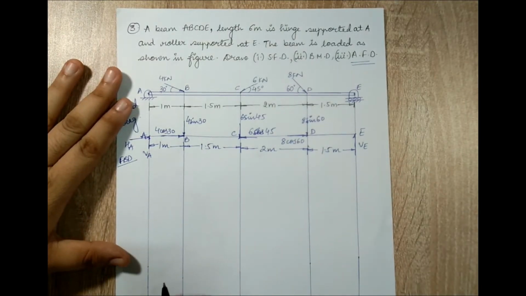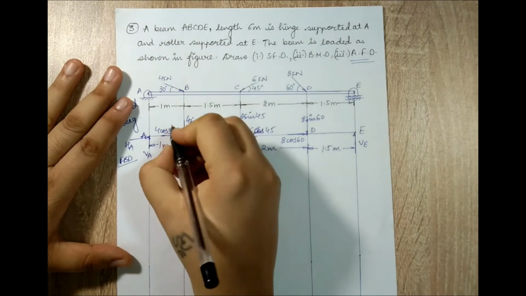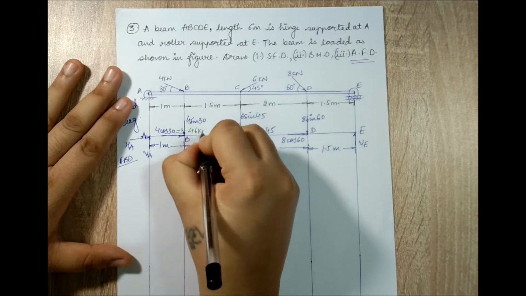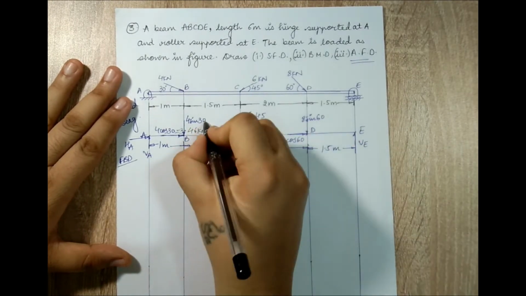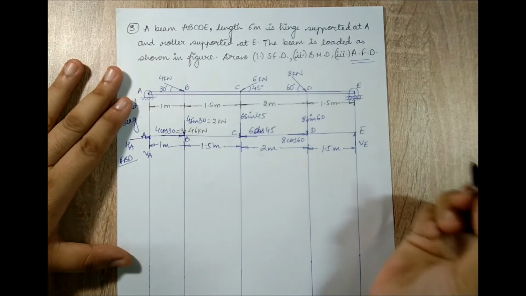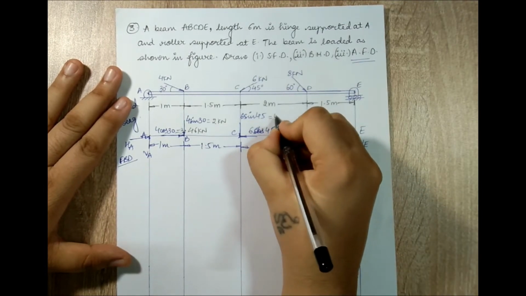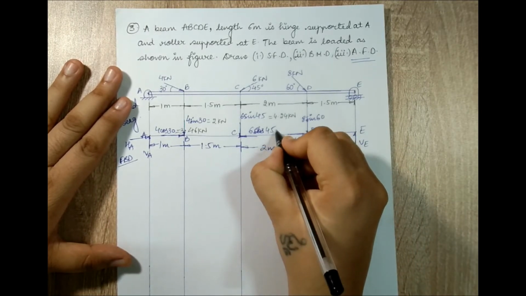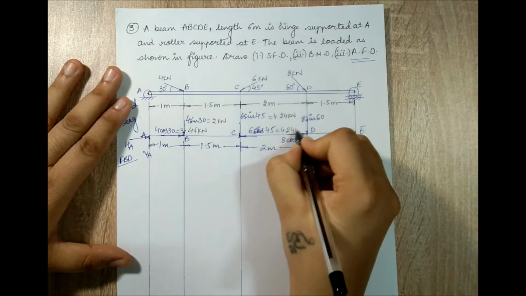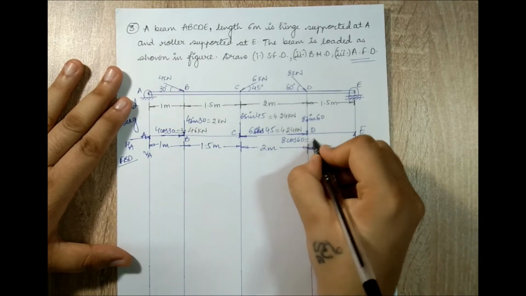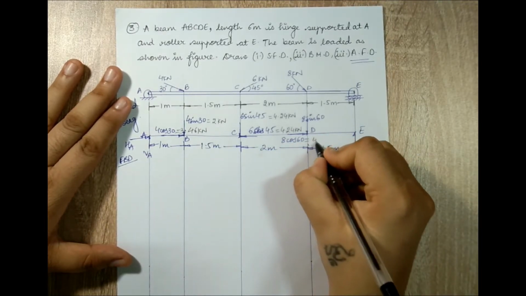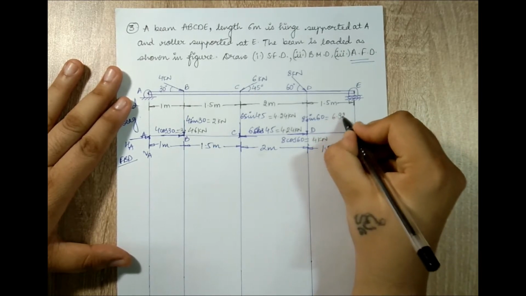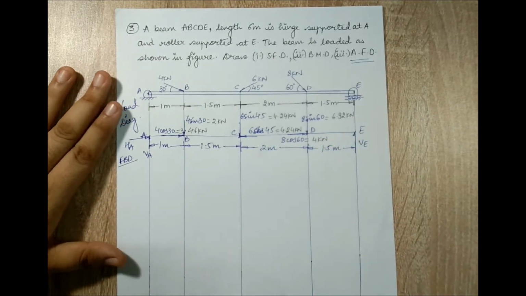I'll just calculate the values. 4 cos 30 is 3.46 kilonewton. 4 sin 30 is 2 kilonewton. 6 sin 45 is 4.24 kilonewton and 6 cos 45 is also 4.24 kilonewton. 8 cos 60 is 4 kilonewton and 8 sin 60 is 6.92 kilonewton. So I have written down all the values.